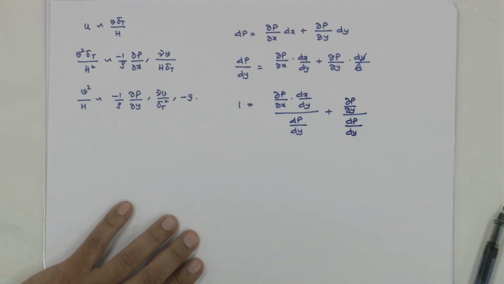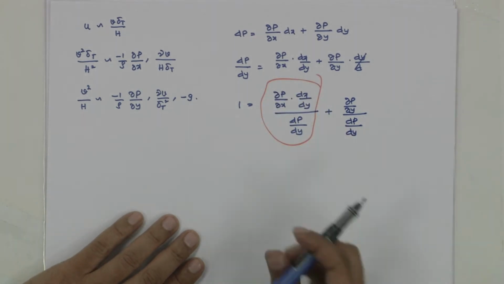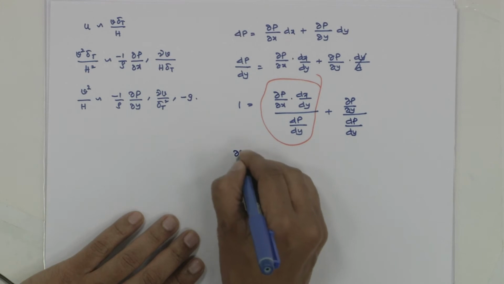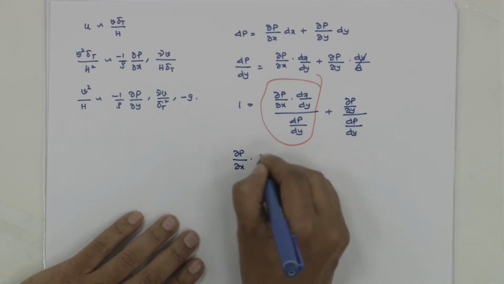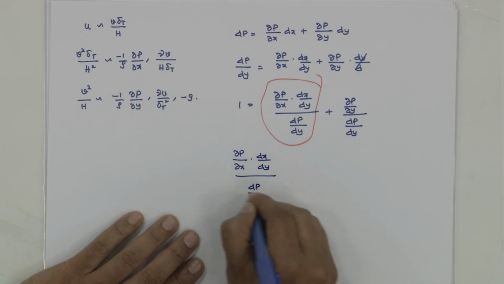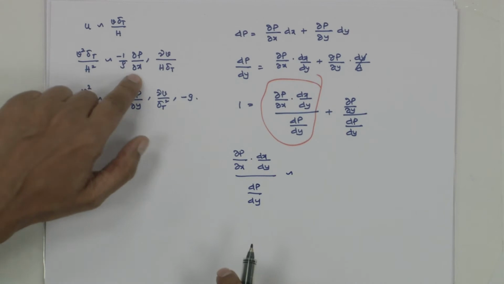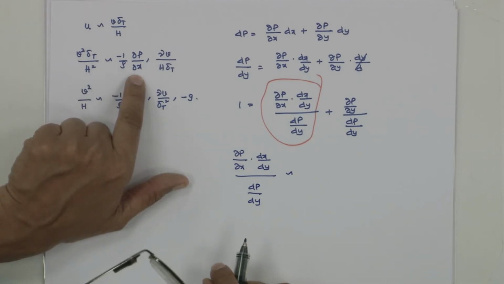Just take this term alone. Del p by del x into dx by dy upon dp by dy is of the order of, you see, del p by del x. What will be the order of this?